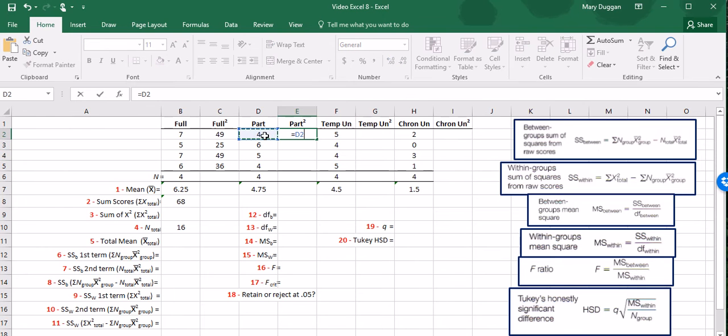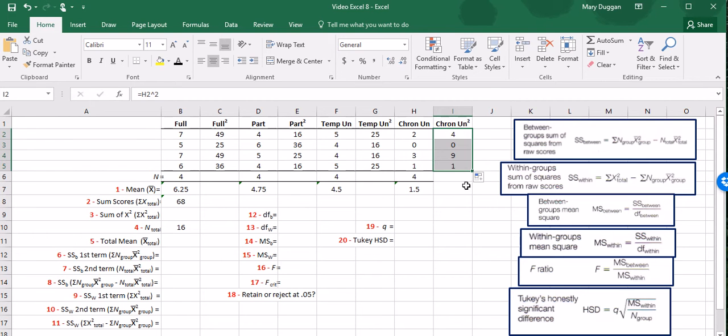Then equals, caret 2 for the next group, and I drag down the scores here. Equals 5 caret 2, drag down, and then equals 2 caret 2 for squaring, and drag it down. So now we have all the squared scores.